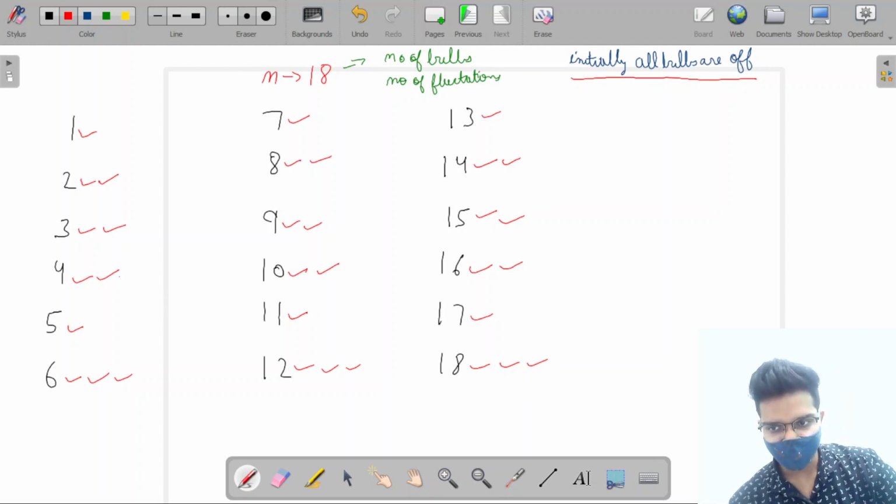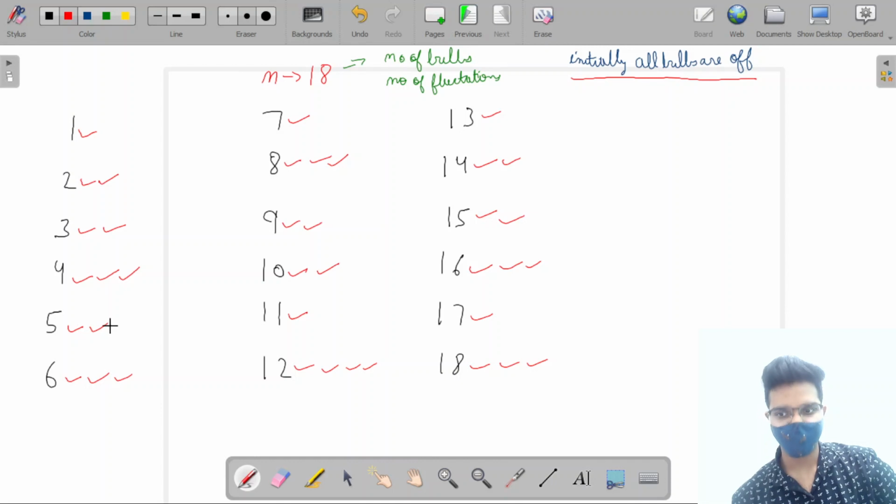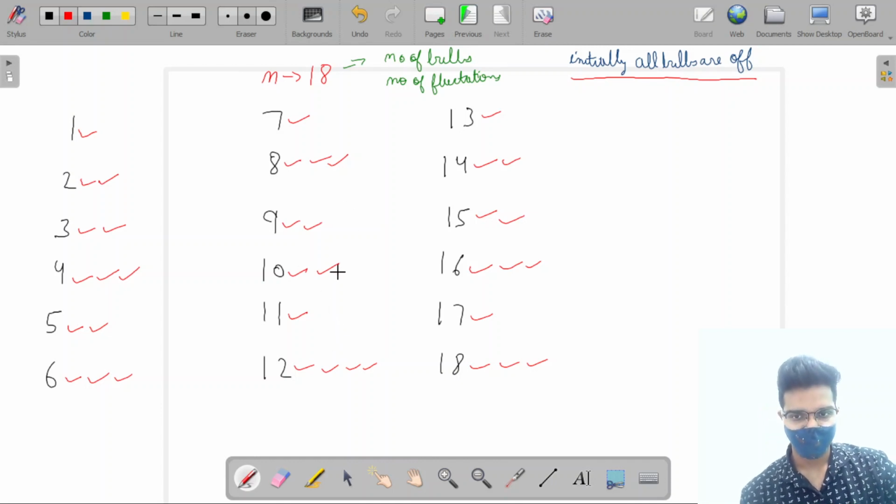Let's see more. In the fourth fluctuation, 4 will toggle and its multiples, that is 8, 12, 16. Now in the fifth fluctuation, 5 will toggle, 10 will toggle and 15 will toggle. In the sixth fluctuation, 6 will toggle and its multiples 12 and 18.